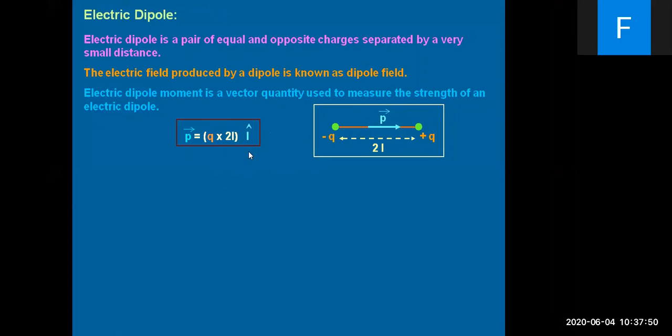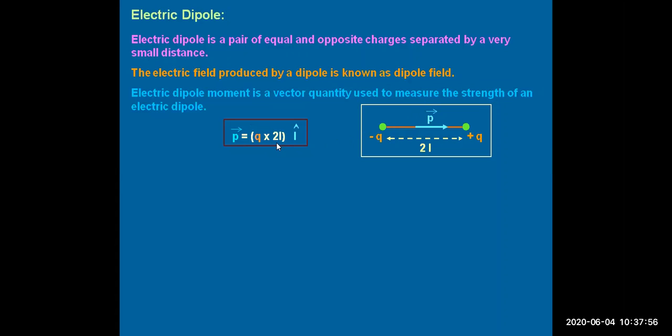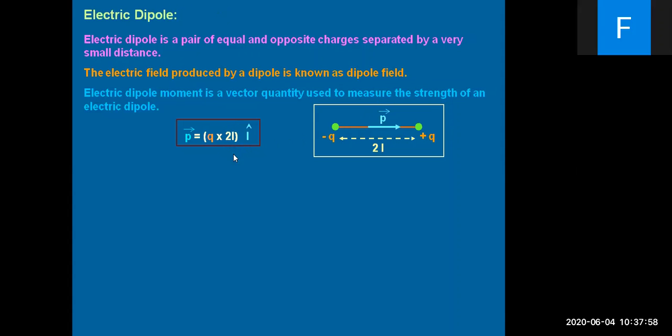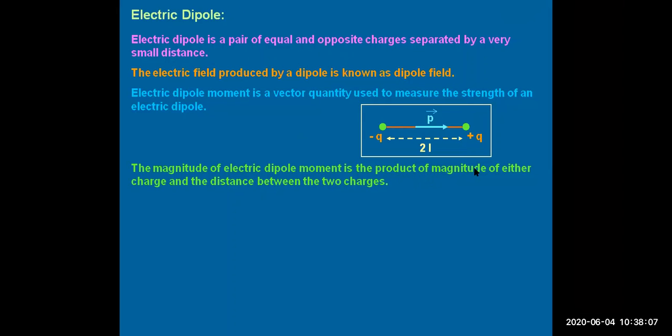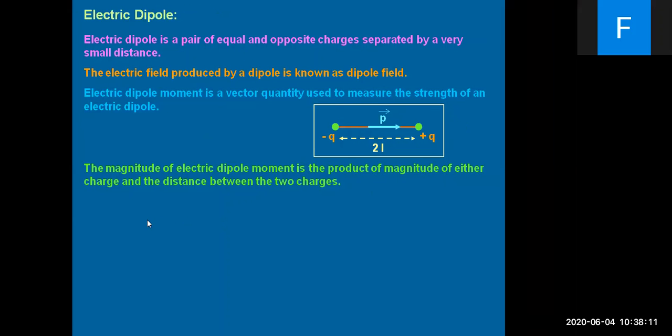So what is the formula for dipole moment? Means P equals Q into 2L. Q is the charge and 2L is the distance between the 2 charges. The magnitude of your electric dipole moment will be the product of magnitude of either one of the charges and distance between the 2 charges.